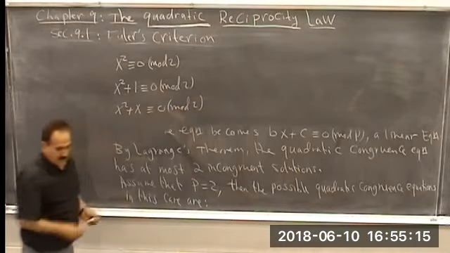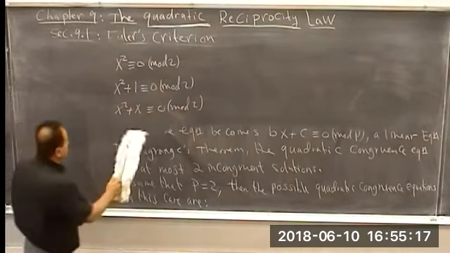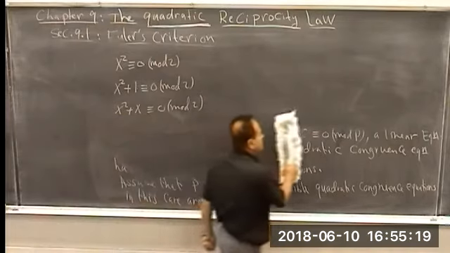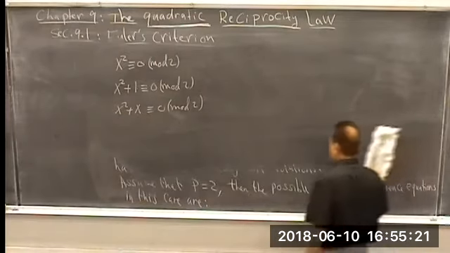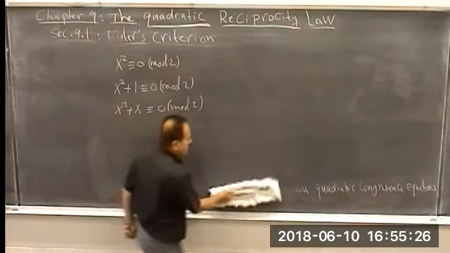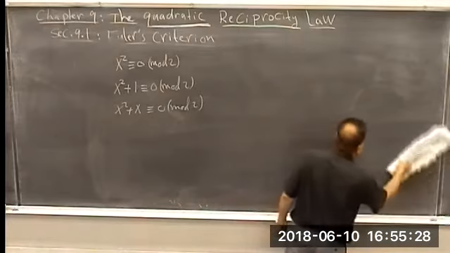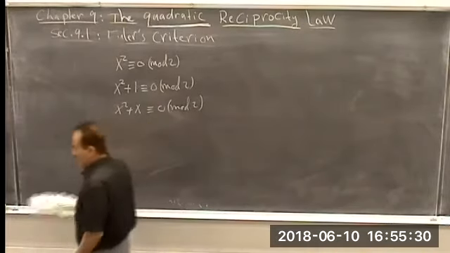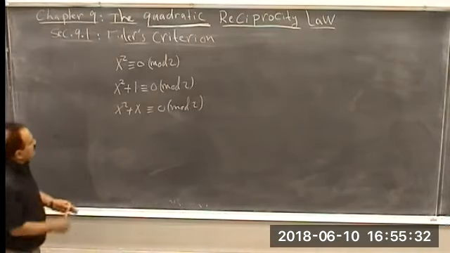And one other form, where we have x squared plus x plus 1 congruent to 0 mod 2. So these are all the possible combinations that give us a quadratic equation mod prime 2.